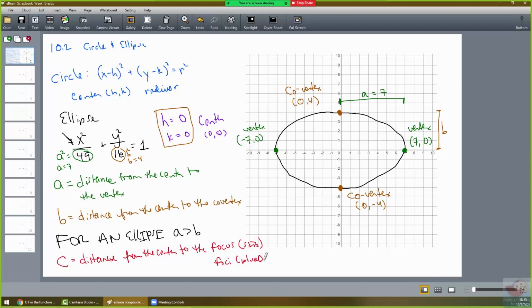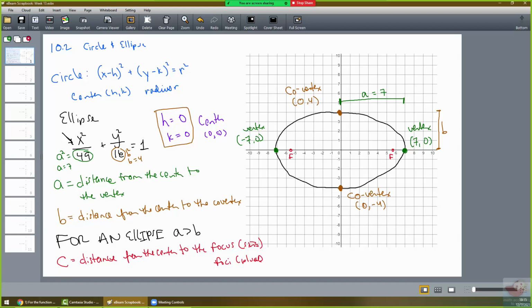I can't spell plural. There we go. For reasons we'll get into later, the foci are like, I think for this graph, I don't know, this is hard to do in my head. Foci are like around here-ish. You'll see why in a second. So there's a focus, there's a focus.